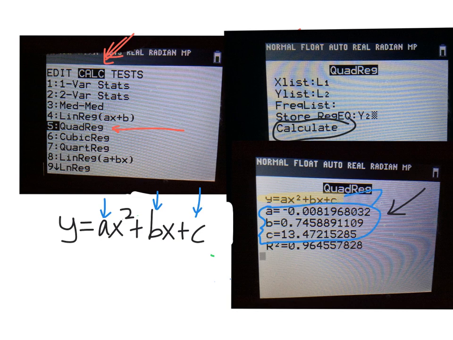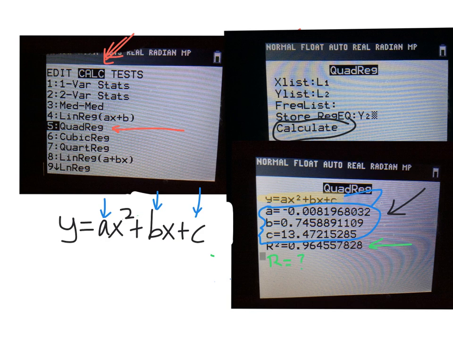Now these particular values are not whole numbers, they're decimals, because what your calculator is doing is trying to find a quadratic equation that best fits those points from the data that you entered back in the beginning of this problem. Your calculator gives you the r squared, but you notice the r is not given to you.